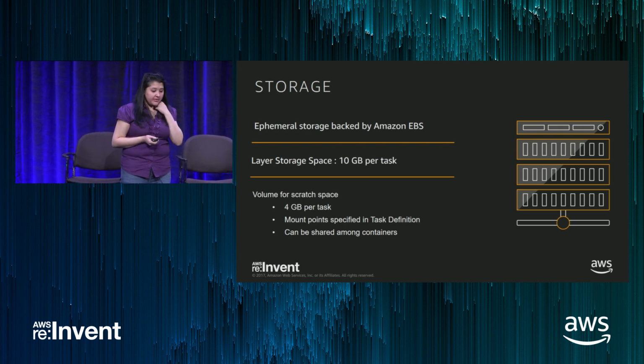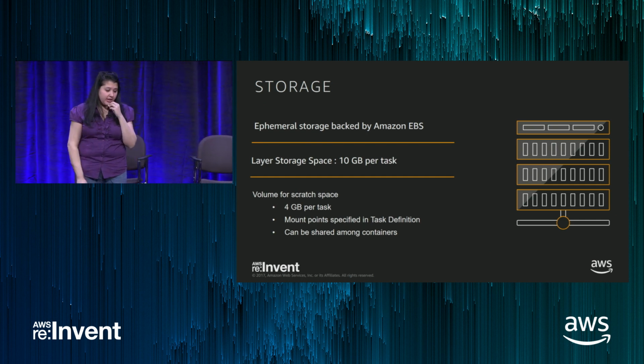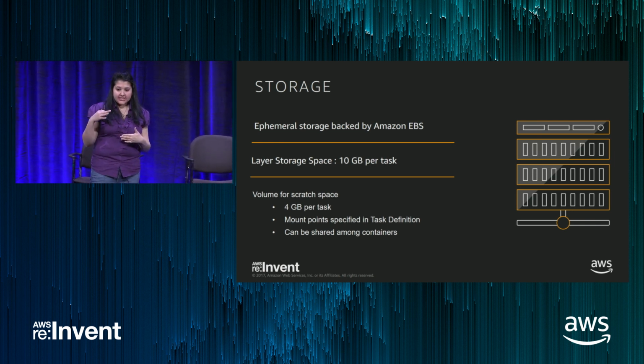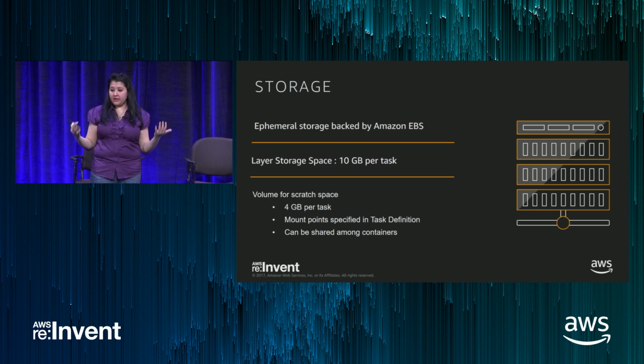And then we also make available volume storage. You get 4 gigabytes of volume storage per task. I don't want to go into the details here, to leave Dan some time for the demo, but the task definition has volume-specific fields in there as well, where you can specify mount points, and you can also share this volume across the multiple containers in your task definition.